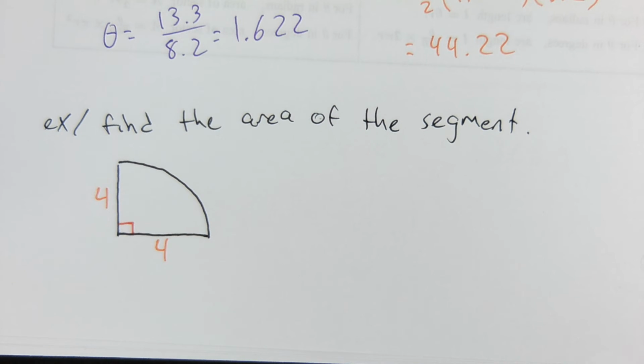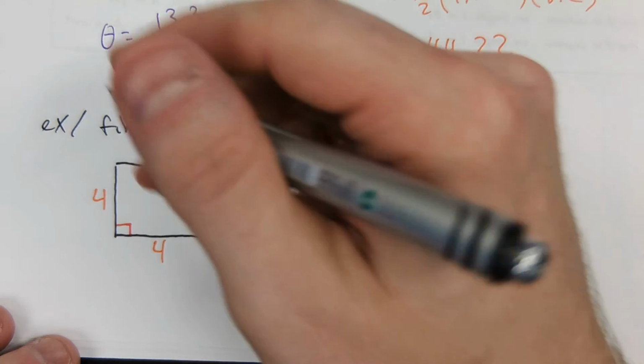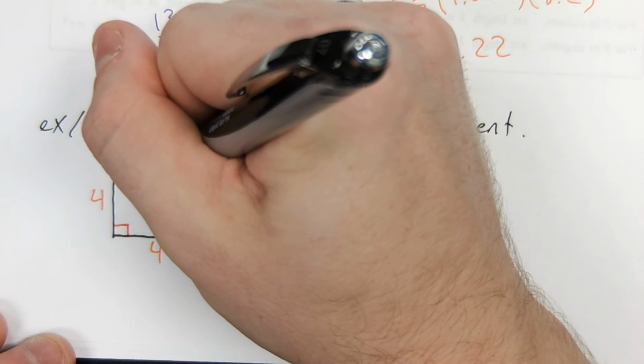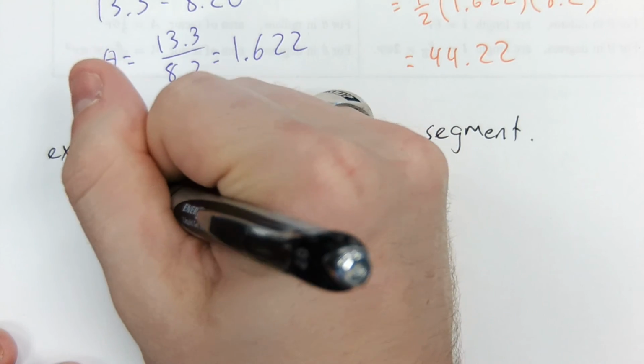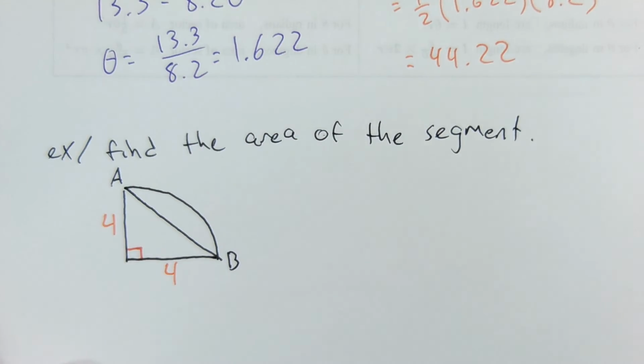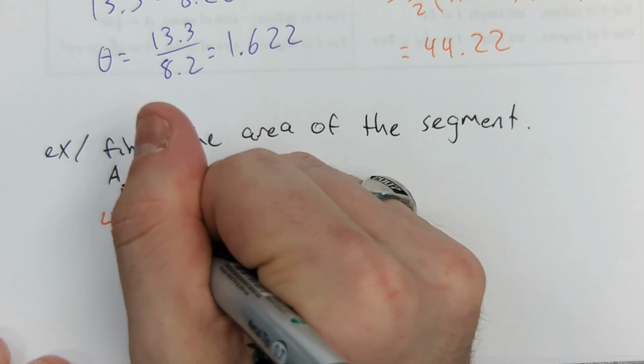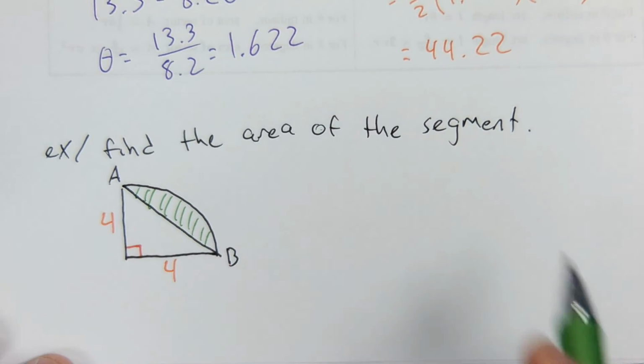Well, I wanted you to know that that was 90 degrees because we can do this without trig now. You're gonna find the area of segment AB. That means this. Find the area of that thing.